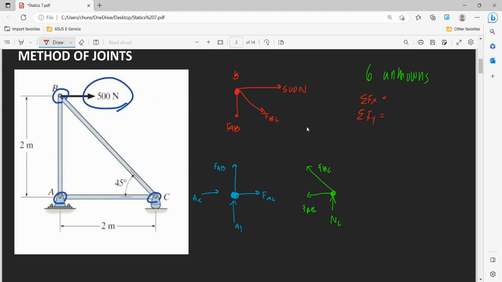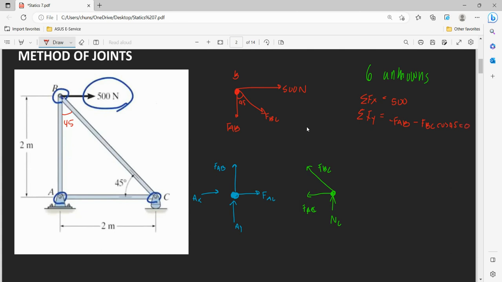In our x direction, we've got 500 in the positive x direction, and we've got negative FAB, and this is an angle of 45 degrees as well. So this would be FBC pointing downwards, and that'd be cos 45, equals 0.